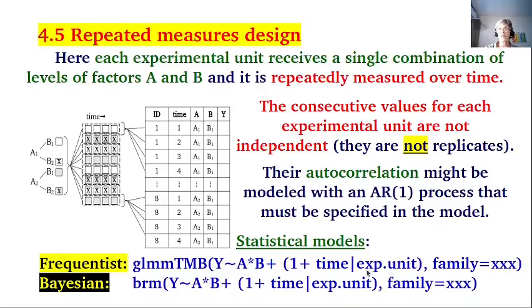Here, this categorical variable, modeled as either random effects or group level effects, indicates a set of measurements that are bound to be similar to each other, since this set of, in this case, 4 measurements were obtained in the same experimental unit over time.